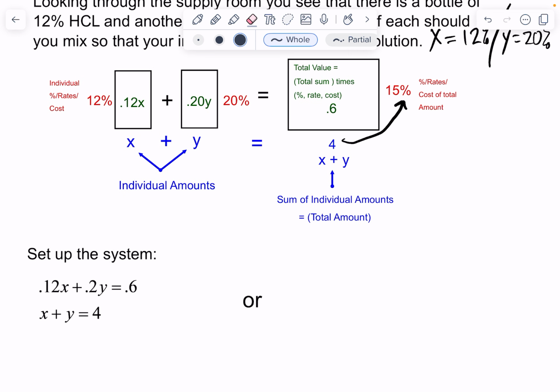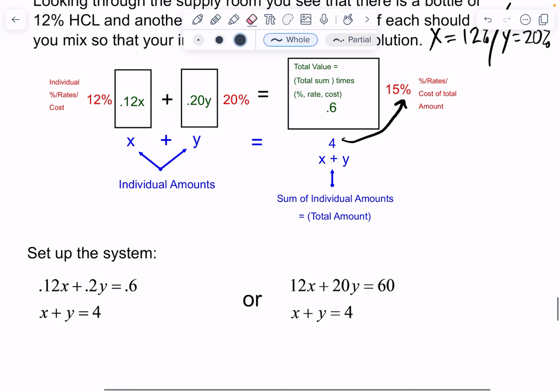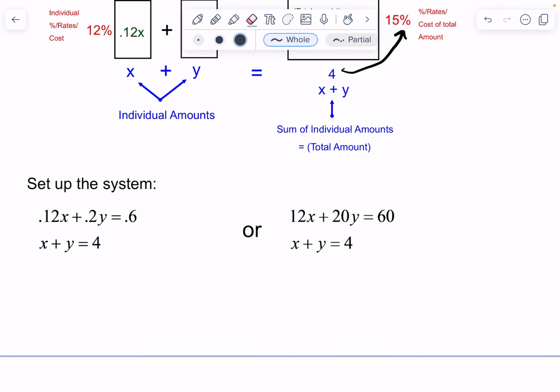I'm going to multiply the top equation by 100, eliminating the decimals. And now I'm going to solve, and I'm going to simply choose to multiply by -12 to eliminate the x's.